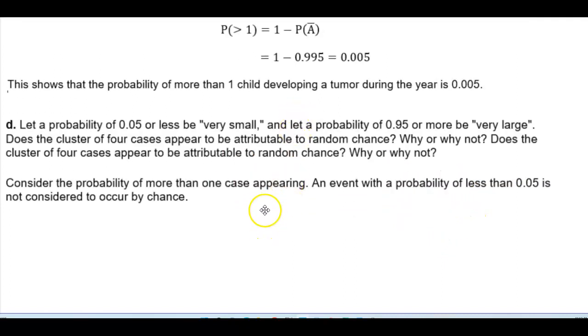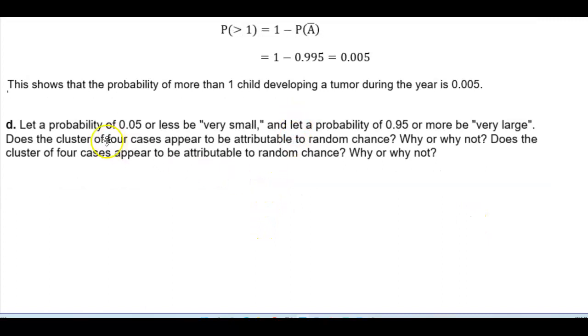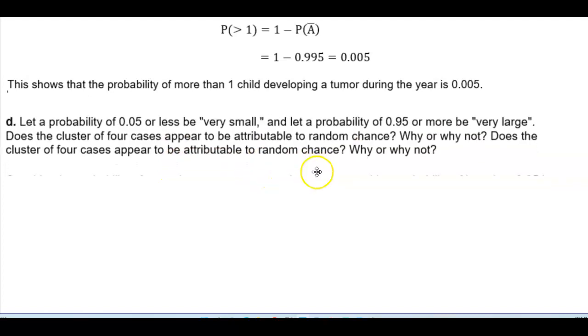Now in Part D, it says let a probability of 0.05 or less be very small, and let a probability of 0.95 or more be very large. Does the cluster of 4 cases appear to be attributable to random chance? Why or why not?